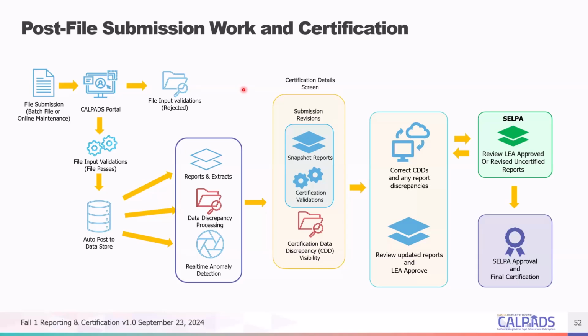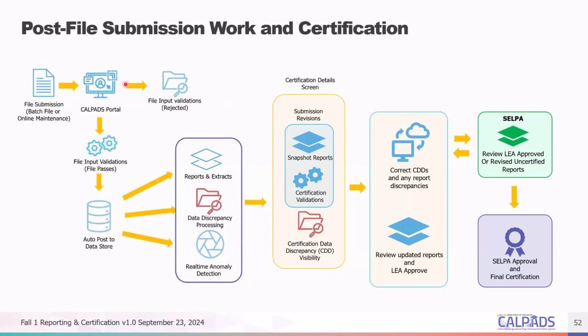And then, of course, if CalPads doesn't like the formatting and it's missing some of the data, that file is then rejected, right? And so you then conduct the iterative process of correcting data in your CIS, extracting a new file, and then uploading it back until you've reduced those errors to 0.